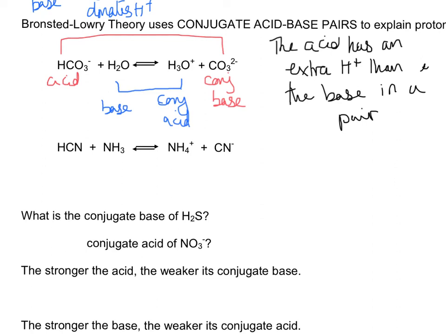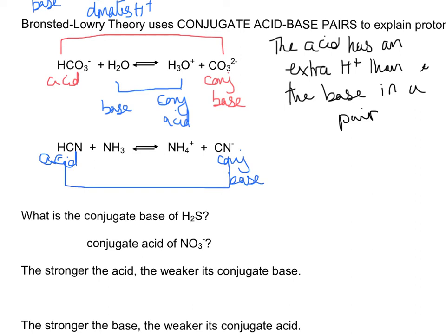But if it's not clear, then try to find its conjugate. So looks like this one goes with this one right here. And so in order to go from HCN to CN minus, the HCN gave away an H plus, so that means that this is the acid, and so this is the conjugate base.